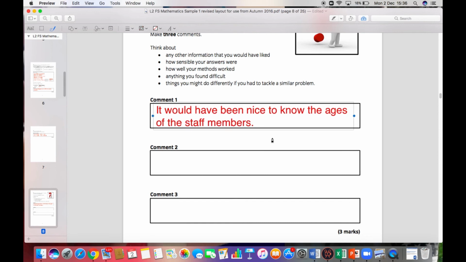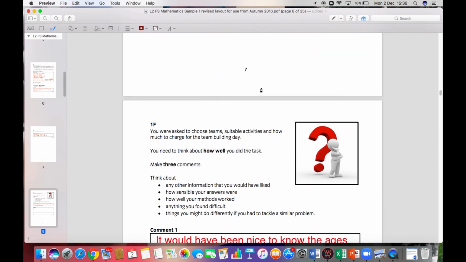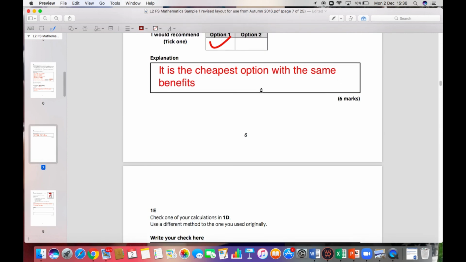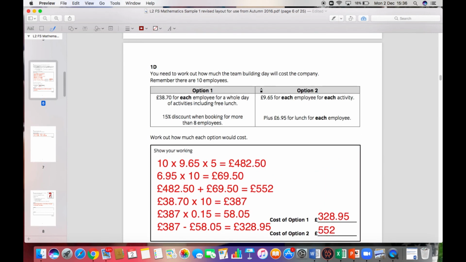Okay, next it says any other information, how sensible your answers were, how well your methods worked, anything you found difficult, and things you might do differently if you had to tackle a similar problem. So again, you can even blag it a little bit, you know, like, is there anything else that you might have wanted to know about this situation?